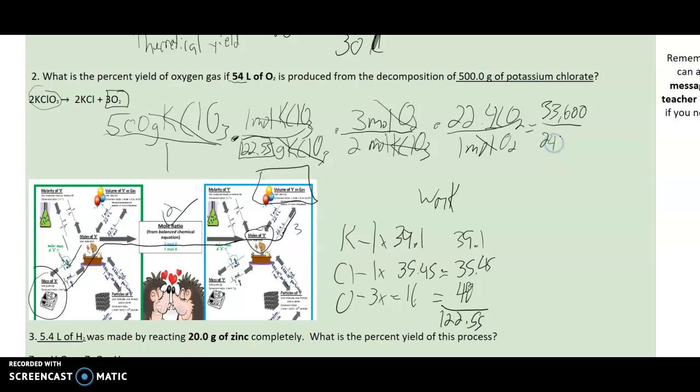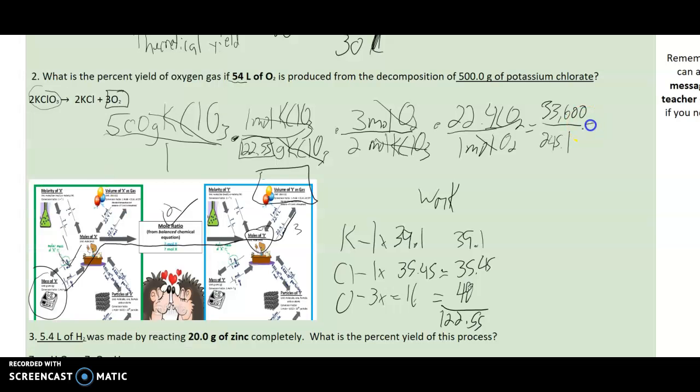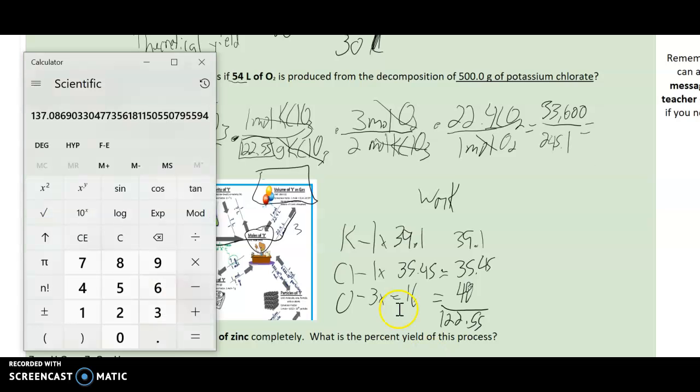So 33,600 divided by 245.1. If I didn't make a mistake, if everything went perfectly in my lab, I should have 137.09.